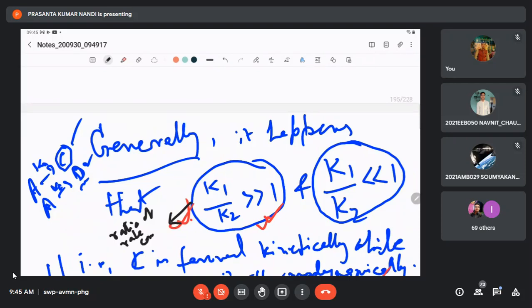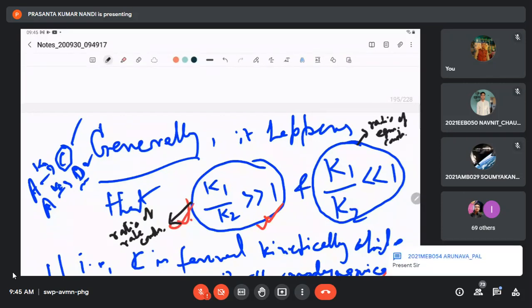This is very important. If this ratio of rate constants is much, much greater than unity, that means K1 is much, much larger than K2. And this ratio, that is capital K1 by capital K2, is the ratio of equilibrium constants.